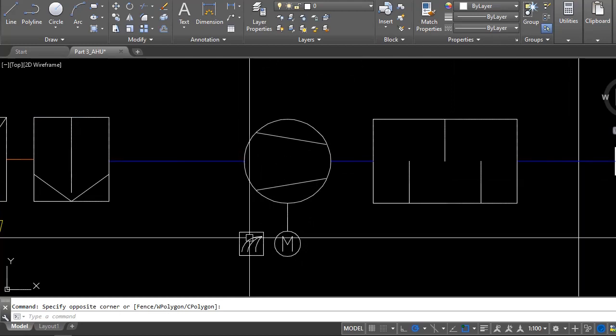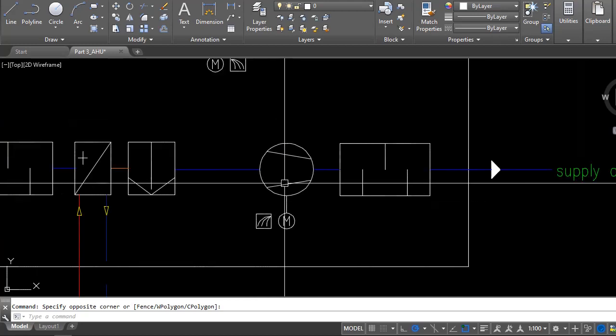It is equipped with a frequency converter because we want to vary the air that the air handling unit supplies depending on the carbon dioxide sensors mounted in the occupied spaces.